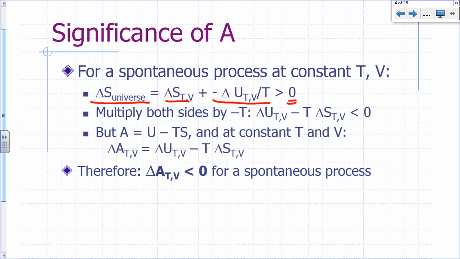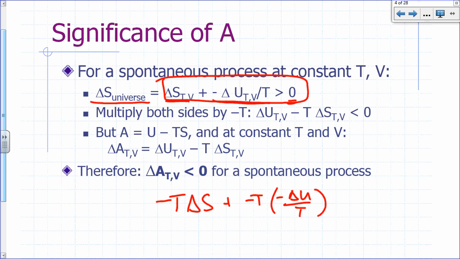Well, let's multiply both sides by negative T. What do you get? Let's look at this equation right here. So negative T delta S, I'm just going to drop the subscripts, okay? Plus negative T times negative delta U over T. That's the left side. What would that be?